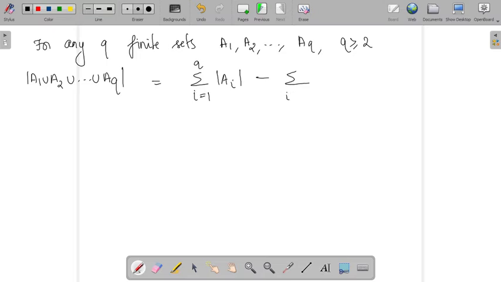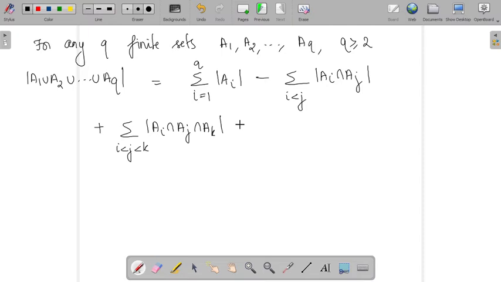Next you will have I less than J, cardinality of AI intersection AJ, then plus you will have I less than J less than K, cardinality of AI intersection AJ intersection AK.